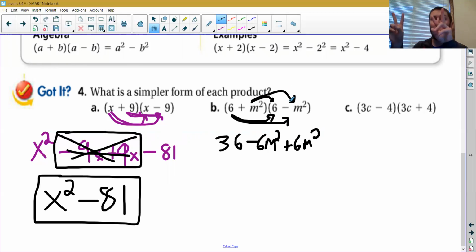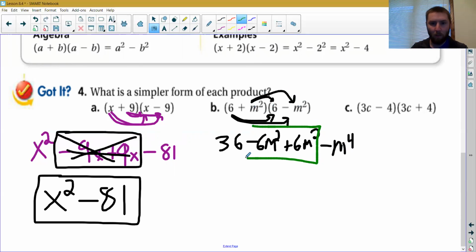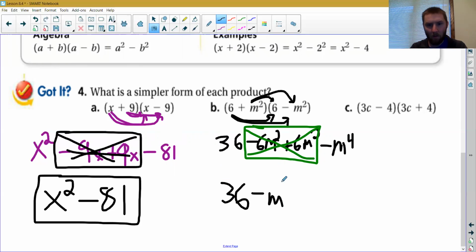M squared times m squared, I should add the exponents together, so I get m to the 4th power, and a positive times a negative is going to give me a negative m to the 4th power. Okay, so now again, I have some pieces in the middle that are like terms, both m squareds, negative 6 plus 6, I add those together, I get 0, okay? 0, all gone. So all I'm left with then is 36 minus m to the 4th power.